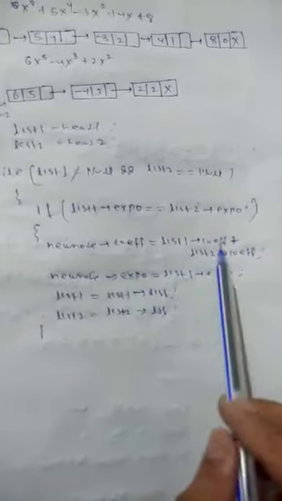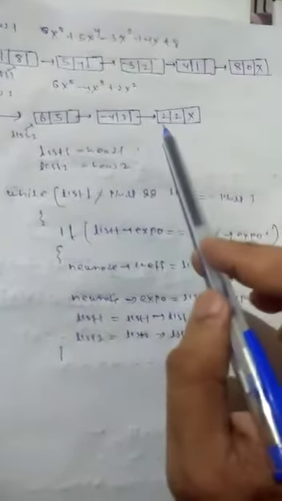If the exponents match, then you have to add these two. That means in the new node coefficient we have to store the list 1 coefficient plus list 2 coefficient. Suppose these exponents match, 2 and 2. Then we have to add these two coefficients, list 1 coefficient and list 2 coefficient, and this will be stored in the new node coefficient.